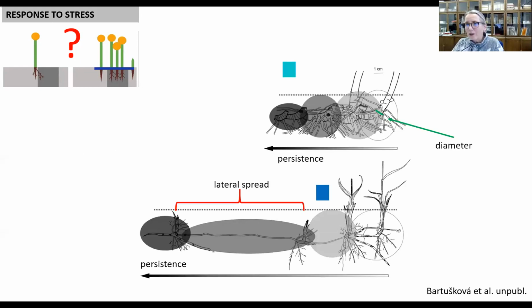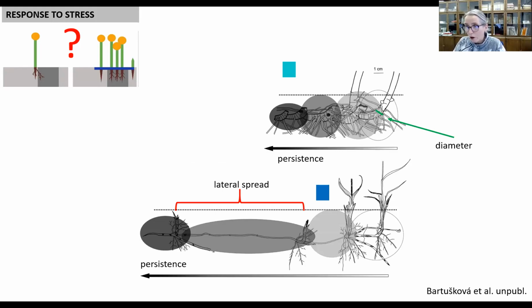Of course, it is not easy to quantify carbon storage for numerous species, because analysis of carbohydrates is a very laborious and expensive analysis, and we don't have data for a lot of species.